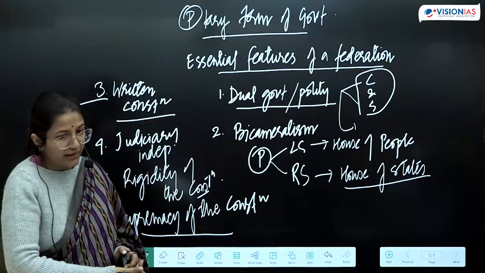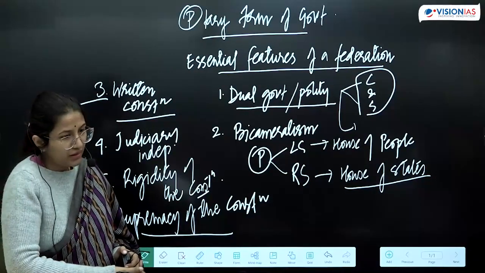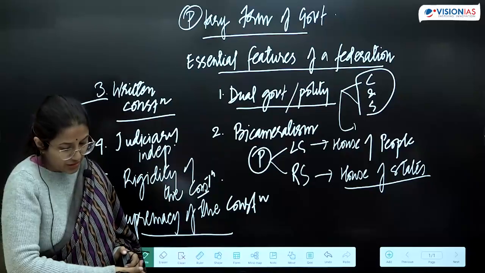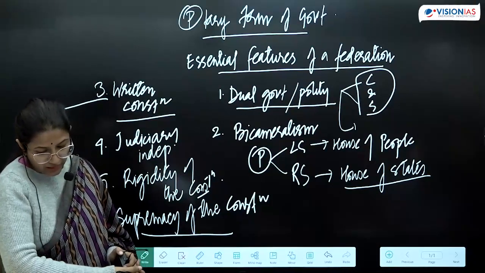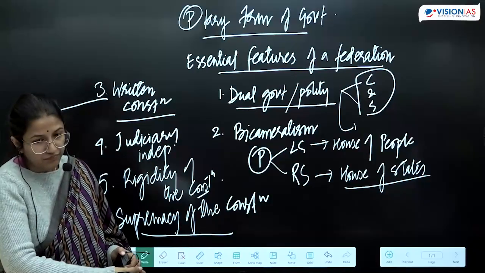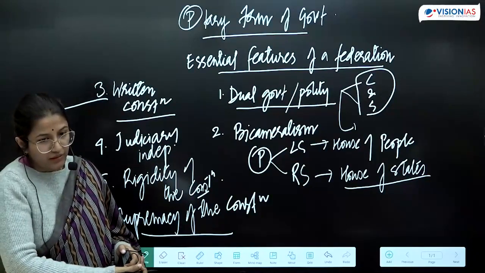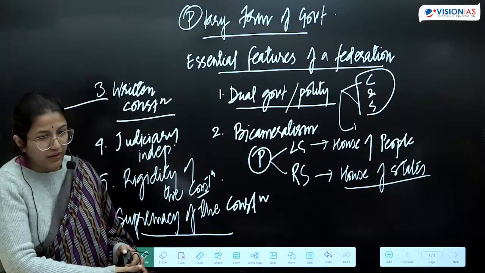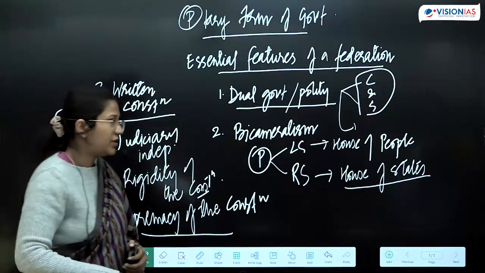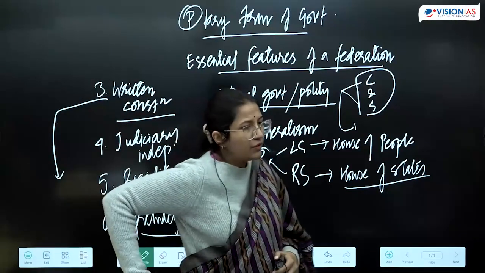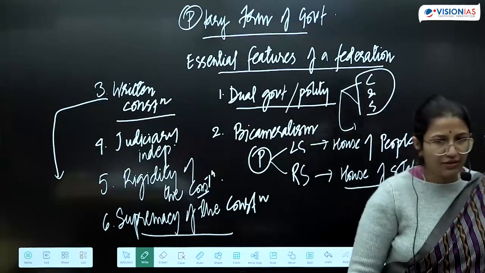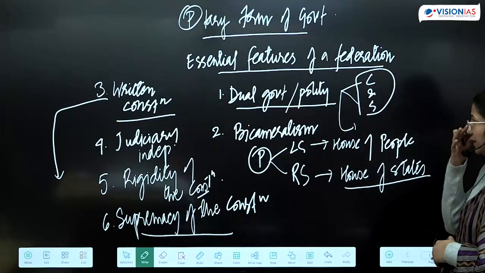Last point, independent judiciary. Full stop. Fine. So these are certain essential features which need to be fulfilled for a country to be referred to as a federal form of a government or a federation.